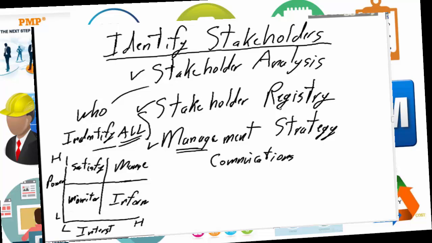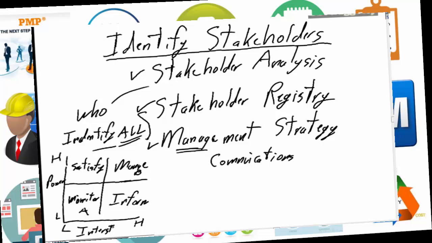And then from your stakeholder registry, you say, okay, what are the characteristics of stakeholder A? You're going to say, well, their interest is low and their power is low, so I'm going to put them down here. From the registry, you're going to take stakeholder B and say, well, their interest is very high, and in fact their power is very high. So I'm going to put B in here, and then again C from our registry.